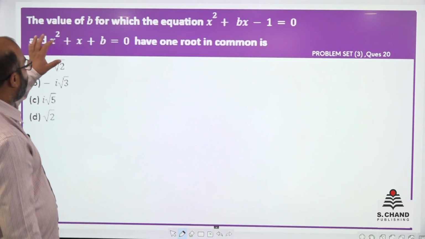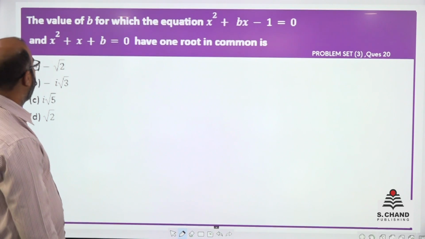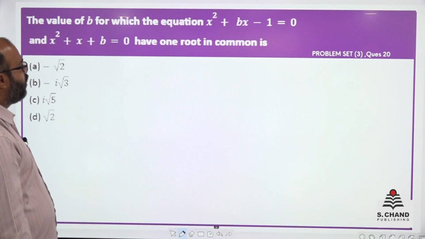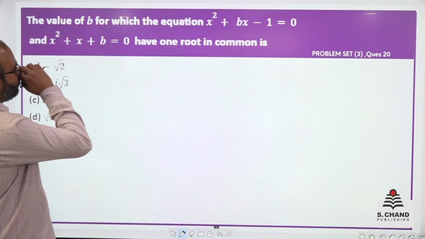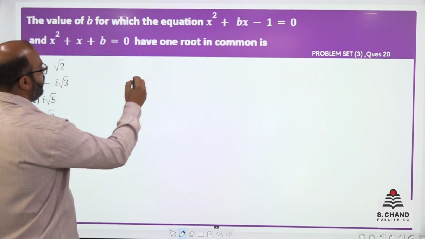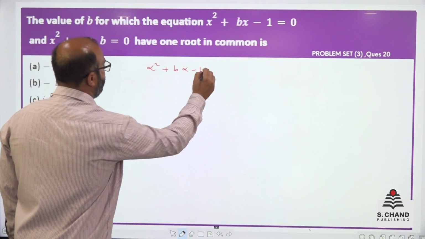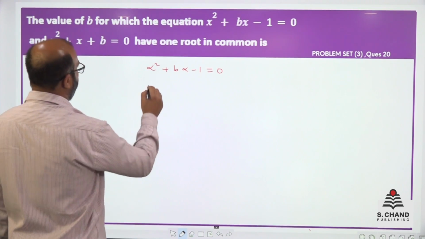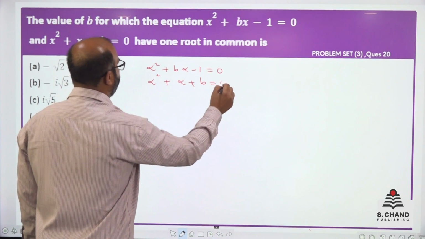Okay, so the value of b for which the equations x square plus bx minus 1 equal to 0 and x square plus x plus b equal to 0 have one root in common is. We don't know what that root is, so let us take it to be alpha. So alpha square plus b alpha minus 1 equal to 0 and alpha square plus alpha plus b is equal to 0.